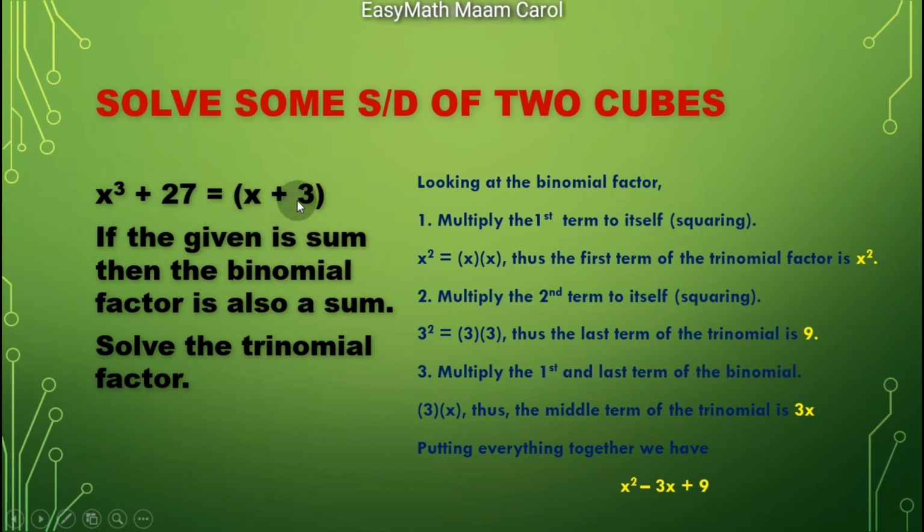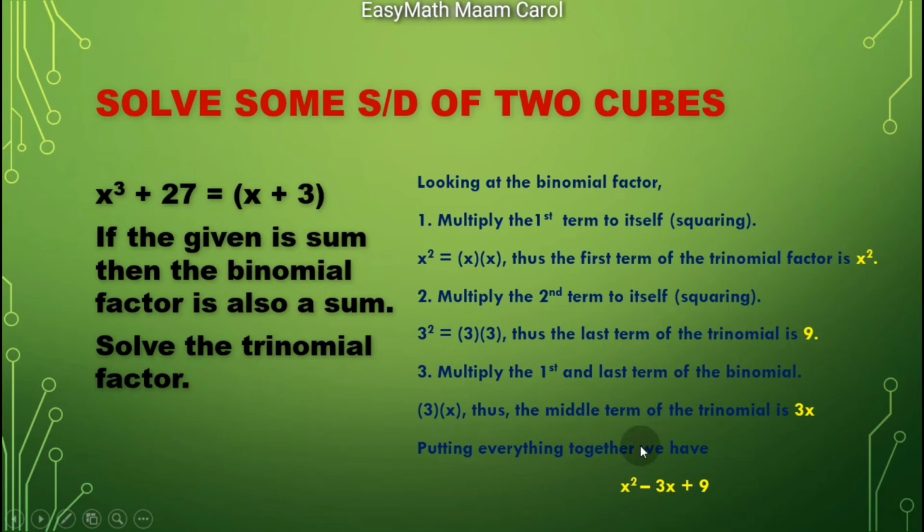Ngayon, in multiplying this, just remember, lagi nating inuuna yung constant. So, kahit reverse yung kanyang order dito, pag nag-multiply tayo, uunahin natin yung constant. Kasi yun yung standard form ng polynomial. Laging nasa kaliwa yung constant natin. Okay? So, 3 times x is 3x. Thus, the middle term of the trinomial is 3x.